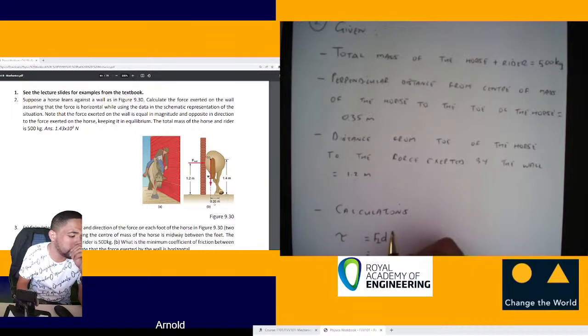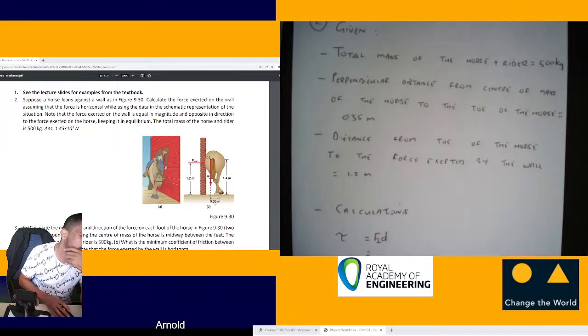That is torque. Now the toe of this horse is going to be its pivot point. Okay, so right there is going to be its pivot point.